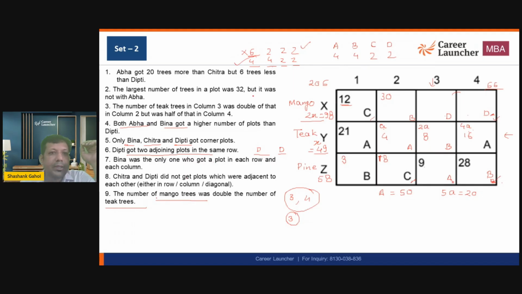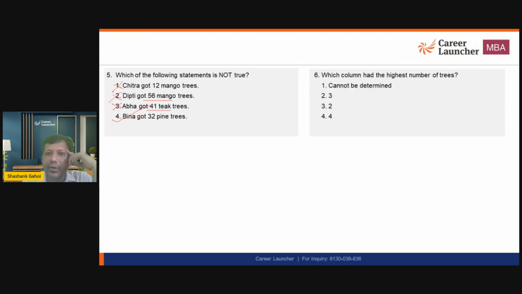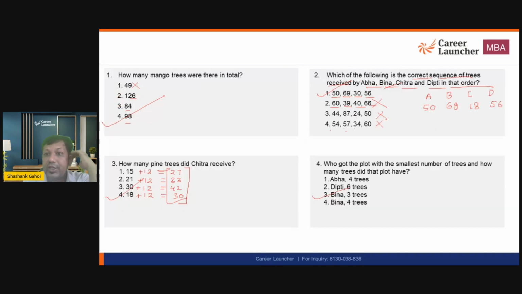The largest number of trees in a plot was 32, and till now we haven't seen 32 anywhere. So that is going to be 32 plus 24. So this looks like 66, this is in reality 56. So basically, which column had the highest number of trees?